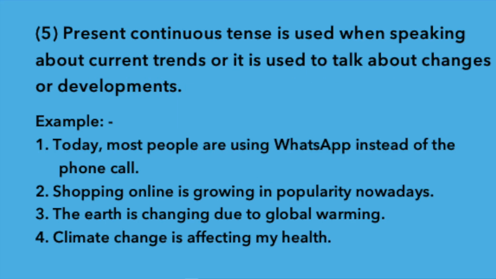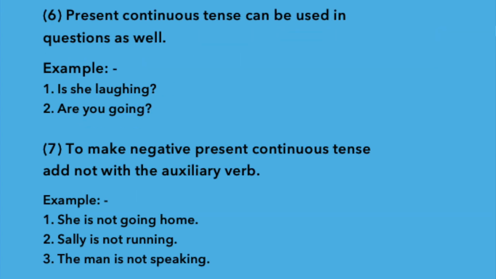Then it is used when speaking about current trends, changes or developments, and it can be used to ask questions. And some verbs are not used with the ing form.